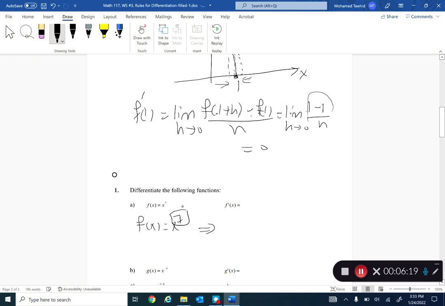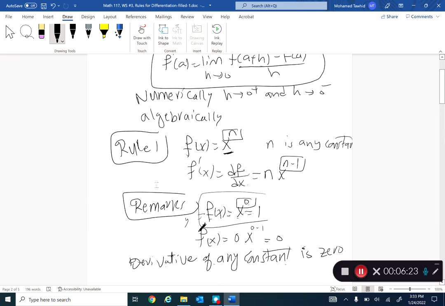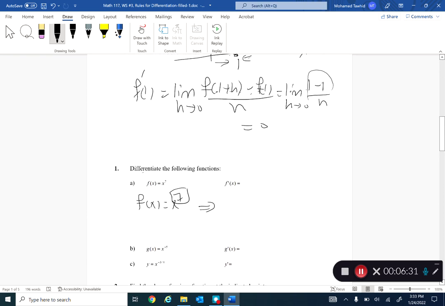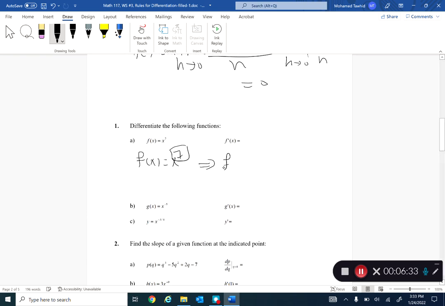Remember the formula: f of x equals x to the power n, and then I put n in front, and then I reduce the exponent by 1. So here you have 7 for f prime, the derivative. My n is 7, and x to the power n minus 1. You simplify that, you have 7 x to the power 6.